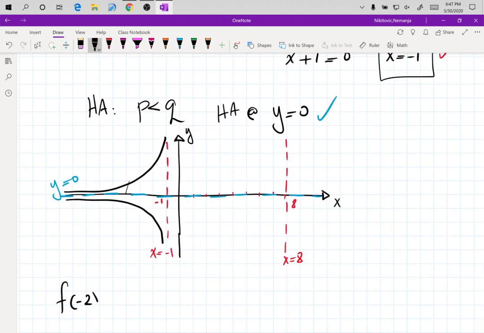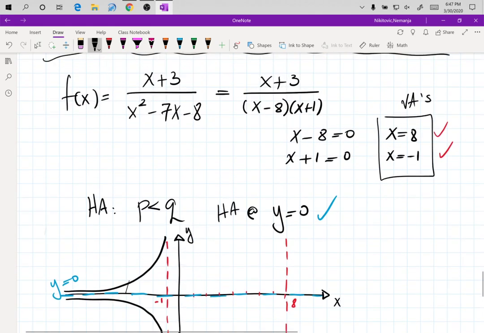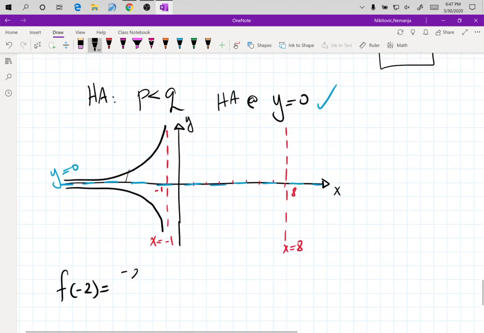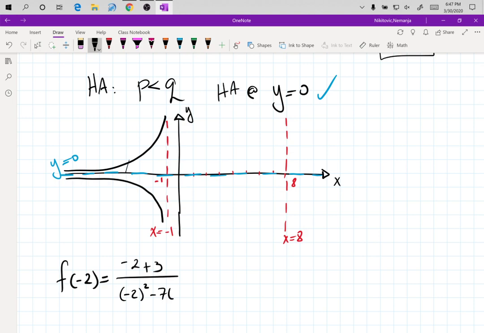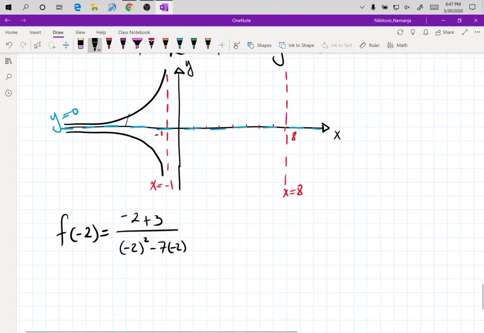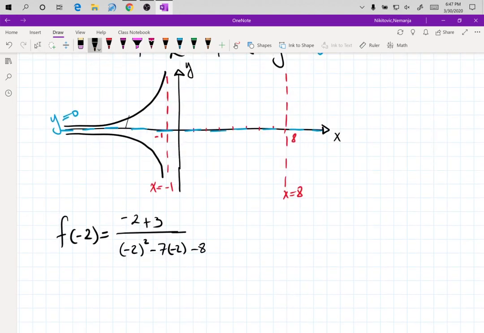So how much is f of -2? We have -2 plus 3 divided by -2 squared minus 7 times -2 minus 8. So that is 1 divided by 4 plus 14 minus 8.